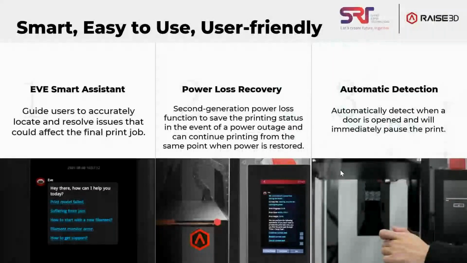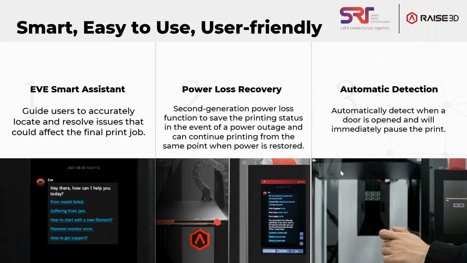Pro 3 HS is easy to use owing to the fact that it has an Eve Smart assistant. If there are any issues with the print job, it can be resolved with the help of the Smart assistant. It has power loss recovery, and it has automatic detection.